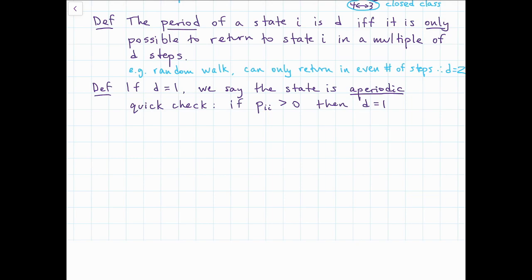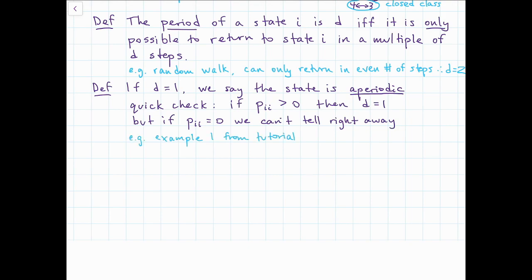And so the only number that's a multiple of 1 is 1. So we end up with a period of 1 there. But it doesn't work the other way. If P_ii is equal to 0, we can't tell right away whether state i is periodic or aperiodic.